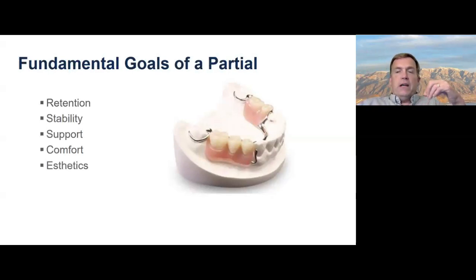Of course, the finish of the partial in the laboratory is also very important. And last but not least, aesthetics are important. And we need to kind of talk with our patients about the aesthetic trade-offs that are intrinsic to partials. Sometimes, for instance, as you look at this partial, the patient may be able to see those metal clasps on the premolars.